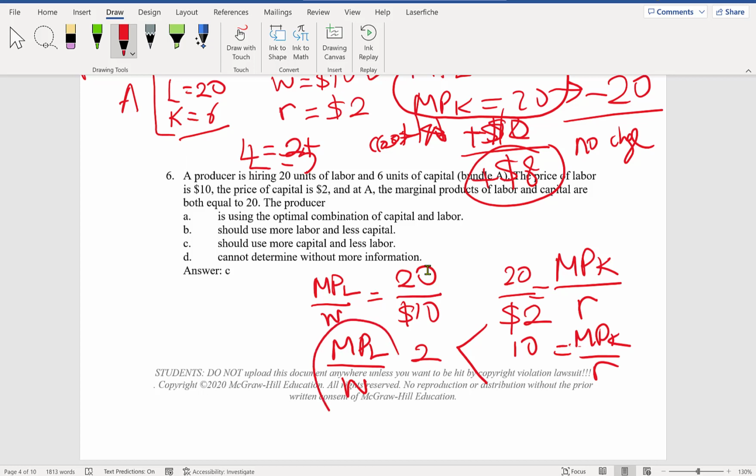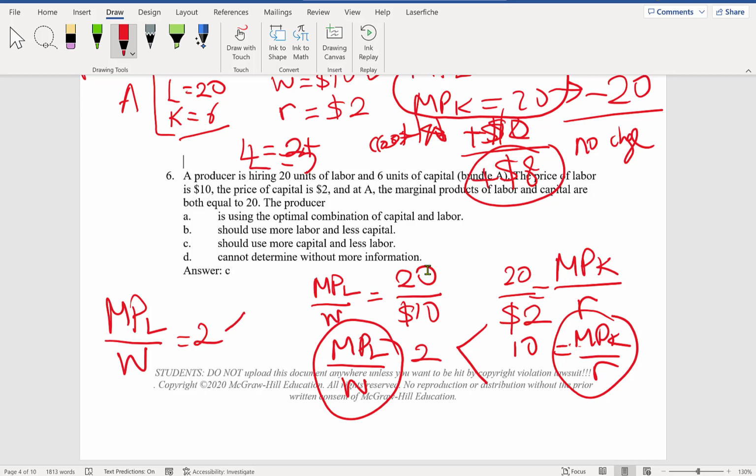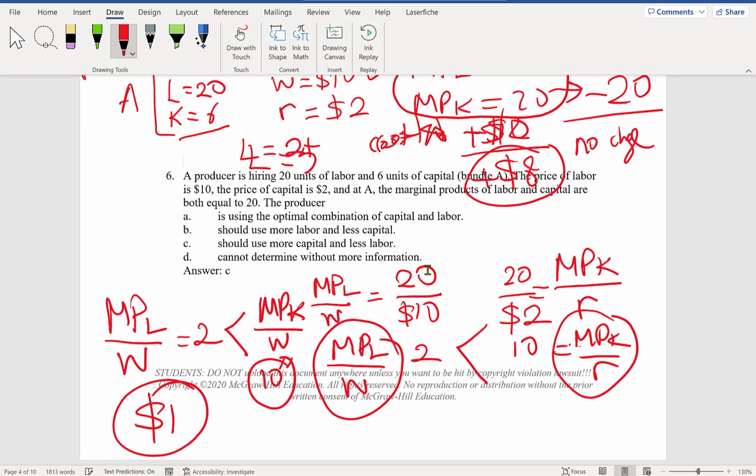The last dollar spent on labor brings you 2 units, which is less than the last dollar spent on capital, which brings me 10 units. So if I have only $1, if I put it on capital, I'm going to get 10 units of output. If I put it on labor, I'm just going to get 2 units. Therefore, you should use more capital and less labor. It's this easy.